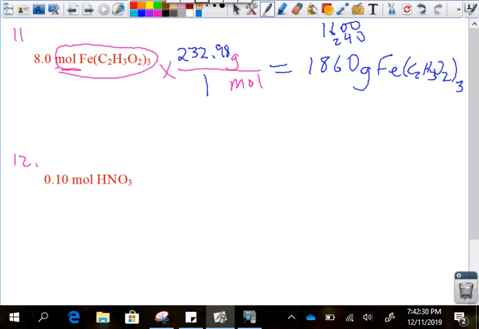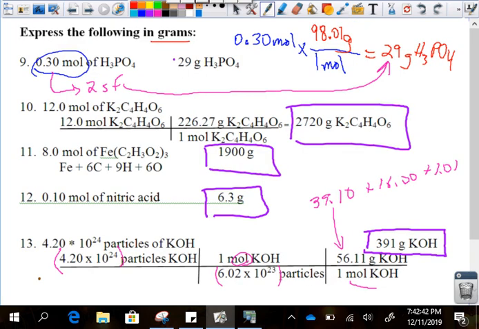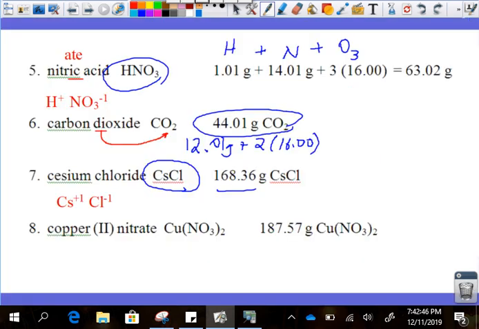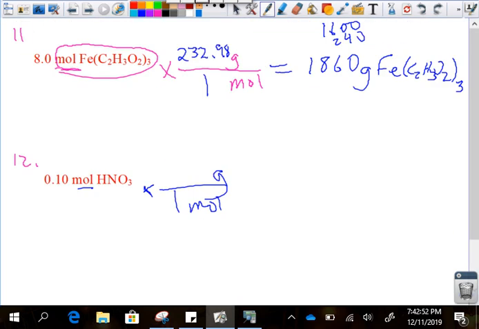Number 12, pretty much the same thing. We have moles, so our equivalency should be written with 1 mole on the bottom, and then the mass on top. We have actually worked out HNO3 before. Let's find it. There it is. HNO3 was 63.02.